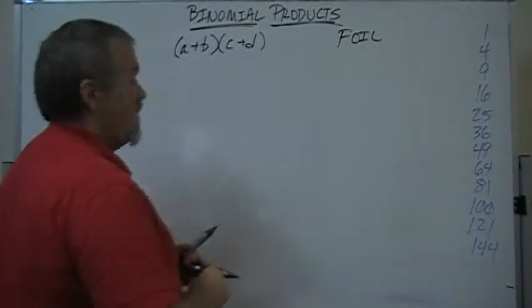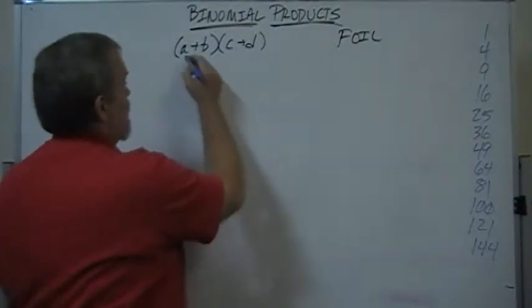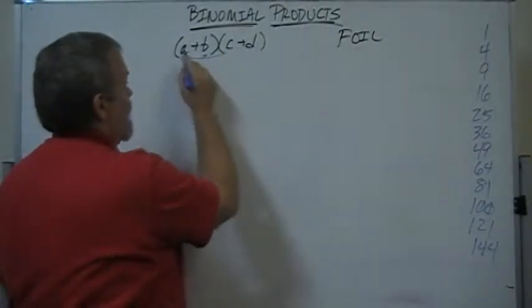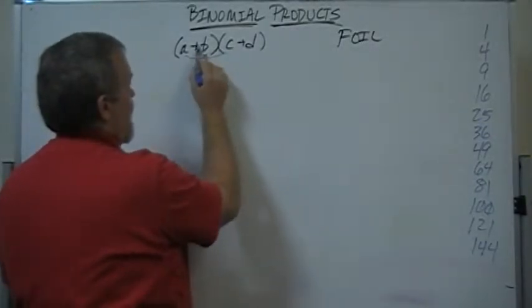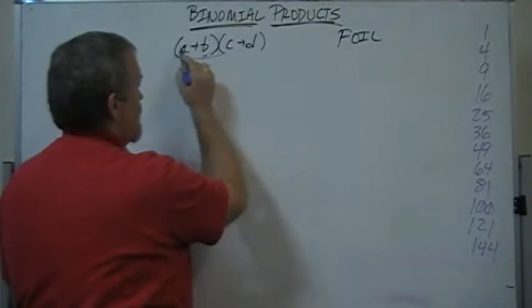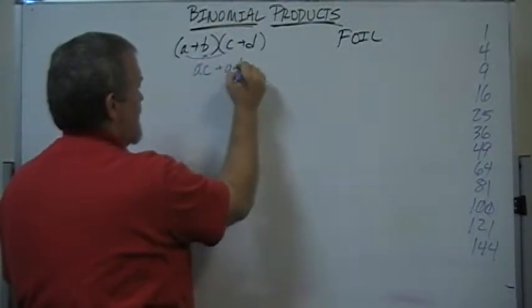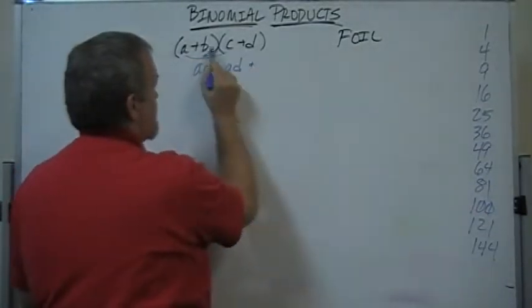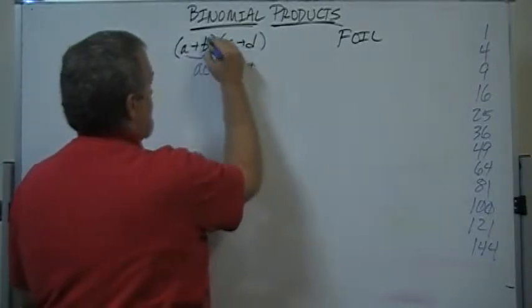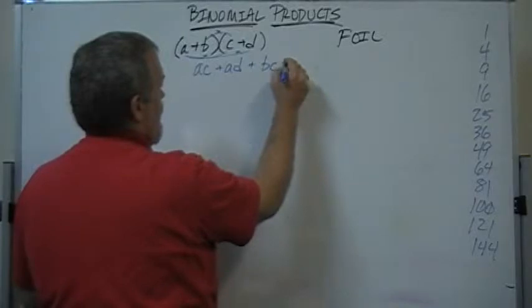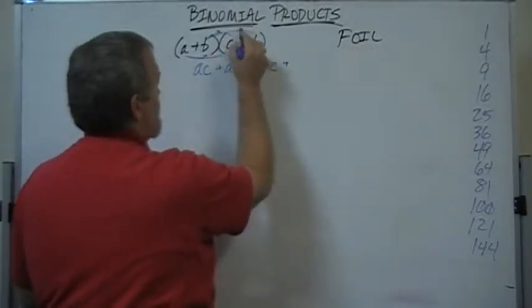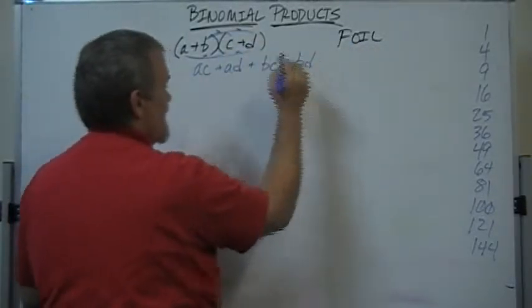We multiply the first two together, that gives me AC. We multiply the outside two together, which gives me AD. We multiply the inside two together, that gives me BC. And we multiply the last two together, which in this case gives me BD.